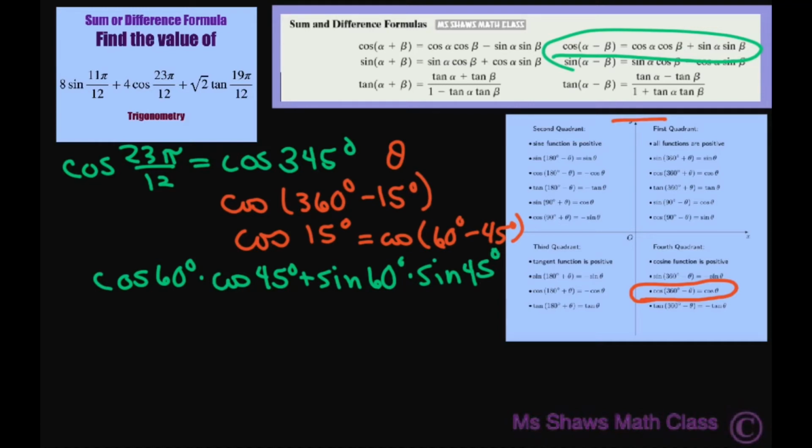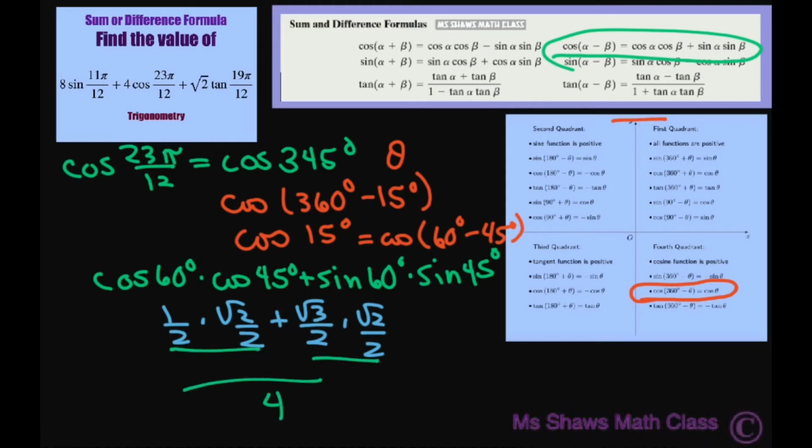All right, and that's going to equal 1/2 times square root of 2 divided by 2 plus square root of 3 divided by 2 times square root of 2 divided by 2. Now simplifying all this, the common denominator is 4, and your numerator is just going to be square root of 2 plus square root of 6. So we need to remember this one, and I'll write it down again.